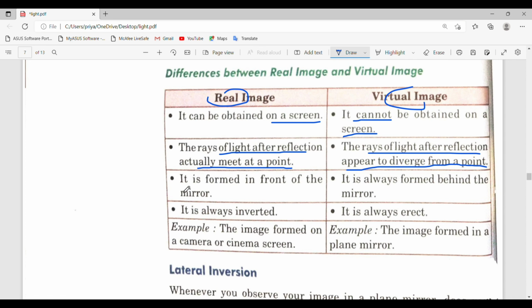A real image is formed in front of the mirror, and a virtual image is formed behind the mirror. A real image is always inverted, and a virtual image is always erect.